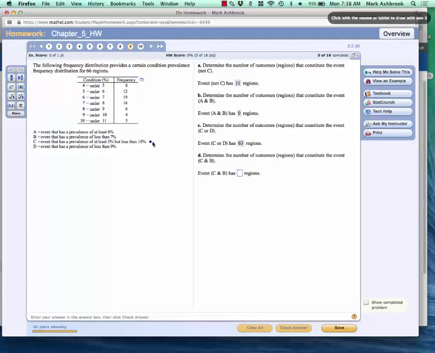At least 5, less than 7. So that's those two. At least 5 would take you all the way up like this. Less than 7 would be all this like this. But now it's and. You got to have both. So I think that's 19 plus 14. No, 12 plus 19.